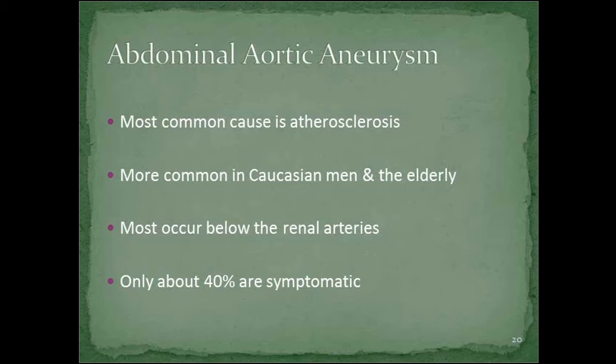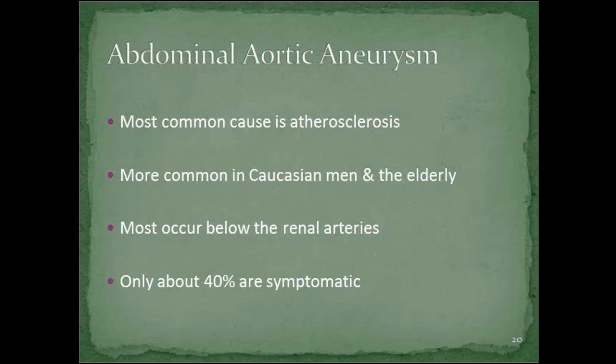Okay, so for once, there's something that African American men are not at greatest risk for. Caucasian men do have the greatest incidence, and I can't explain why, other than they have more rates of atherosclerosis, but it is much more common in white men, and abdominal aneurysms are more common in the elderly population.